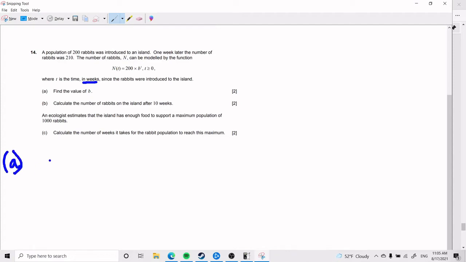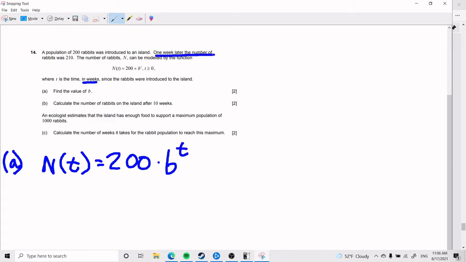Now, of course this can be an overwhelming problem, so it's very important to understand what we have in the problem so far. The first thing that we have is, of course, our trusty rusty function, which is right here. And the other thing that we know is that 1 week later of the rabbits being introduced to the island, the number of rabbits was 210.